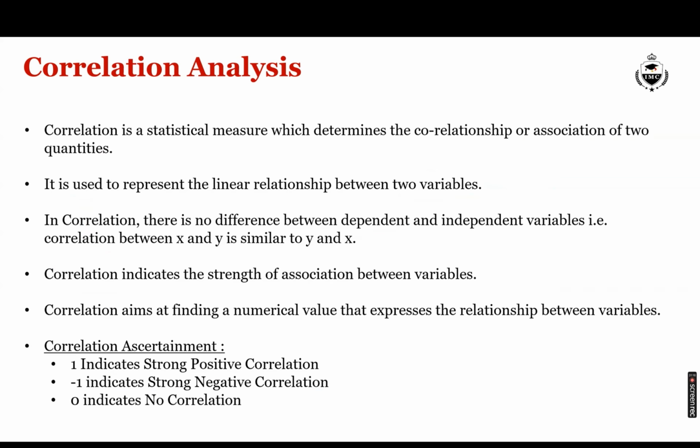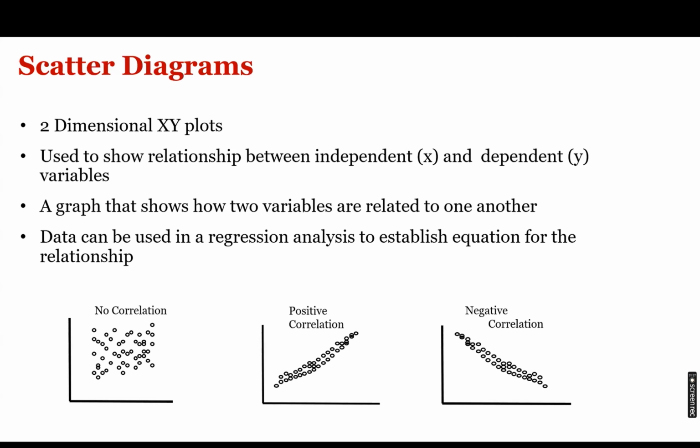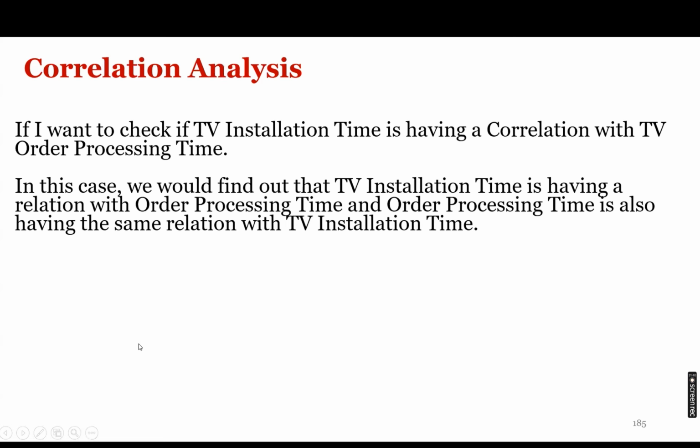Positive correlation is indicated with the value 1 in Minitab, negative correlation as -1, and 0 indicates no correlation. This could be plotted with a scatter diagram, where for positive and negative correlation there is a pattern of data, but for no correlation, it is a true scatter.